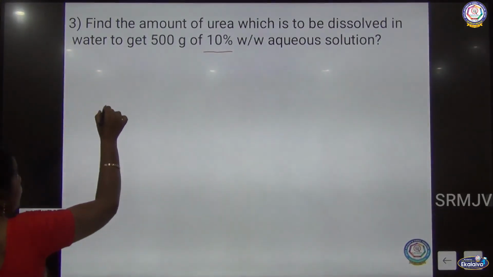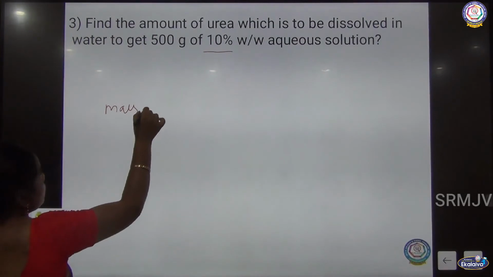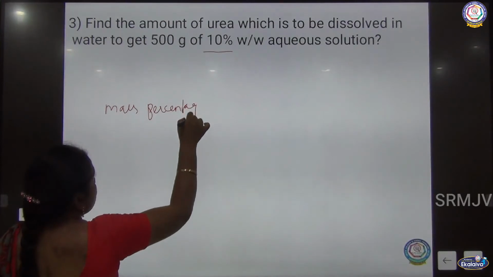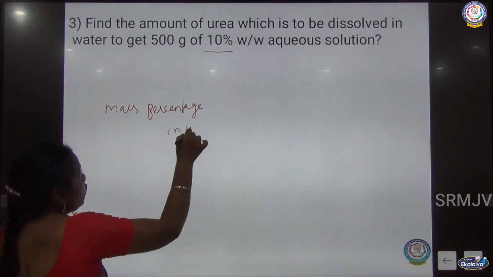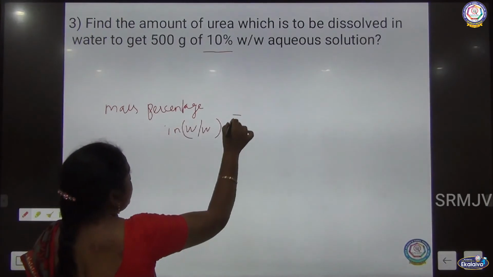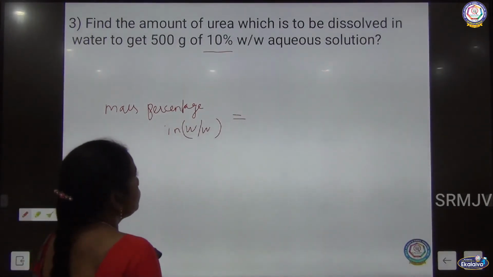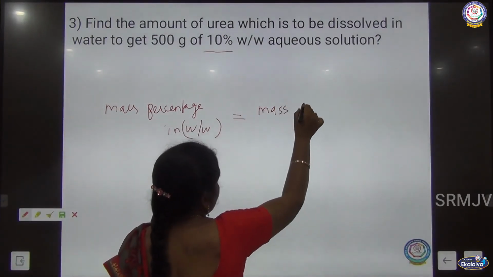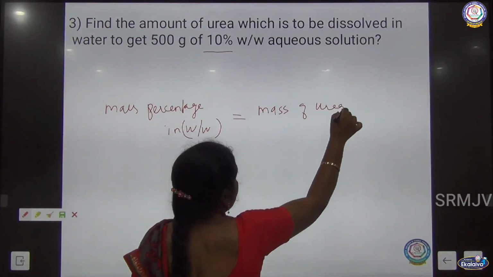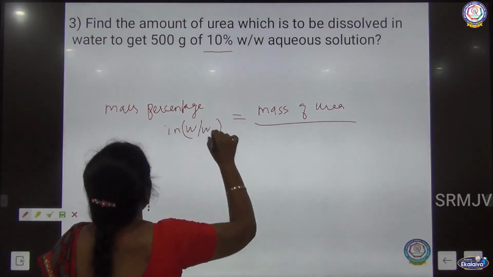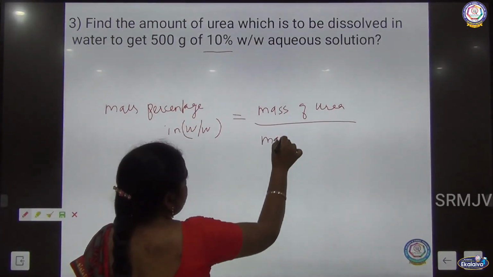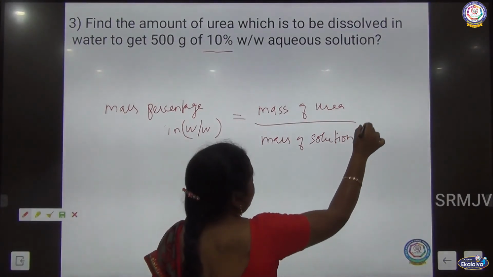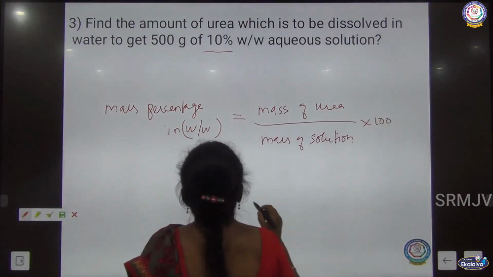First we want to find the percentage in water equal to the mass of urea, divided by mass of solution, into 100. Now what is given?